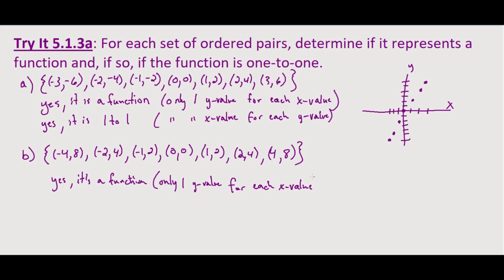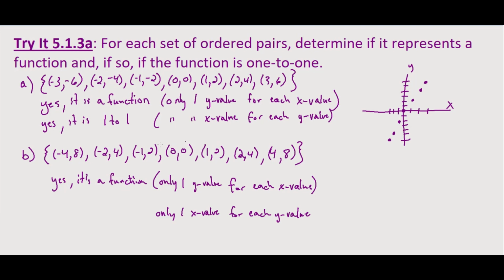Now, what about the other way around? Is it one-to-one? Is there only one x value for each y value? So do we have any y values repeated? We have 8, 4, 2, 0, 2. Uh-oh, there's one repeated at 4, and there's one repeated at 8.